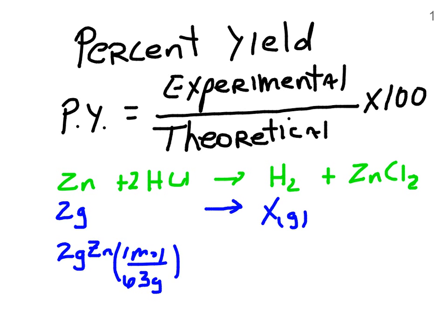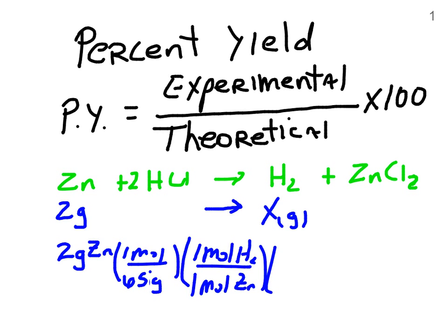According to the balanced equation, I will get 1 mole of hydrogen for every 1 mole of zinc.